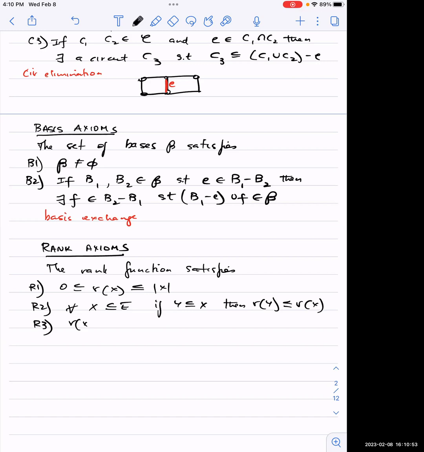Rank is a submodular function. And if you go to Wikipedia, there's a whole page of fascinating stuff on submodular functions, if you're interested in that.